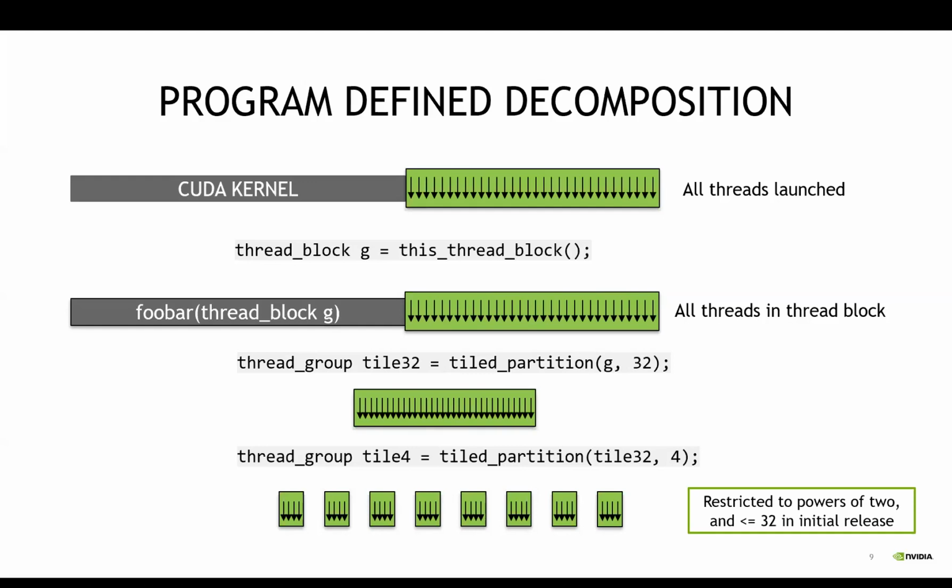But largely, warp is an idea that's more or less hidden from the view of the CUDA programmer in the CUDA programming model. And it's hidden here as well. So you as a CUDA programmer have good reason to believe that when I break this group called a thread block into a set of tiles, each of which is 32 wide, that each of those corresponds to a warp, and that is the case. But nevertheless, we don't need to have that assertion in order for this methodology to hold together.